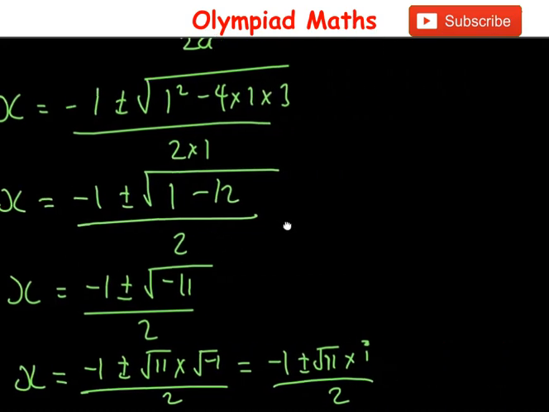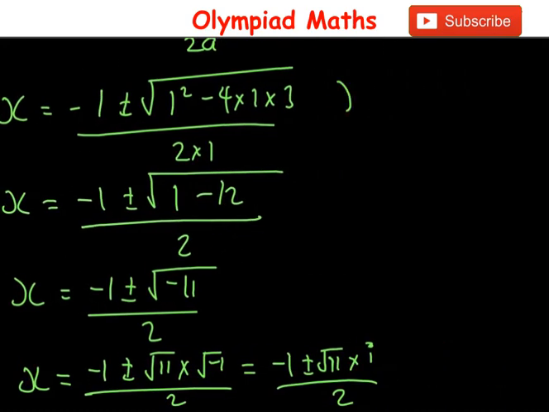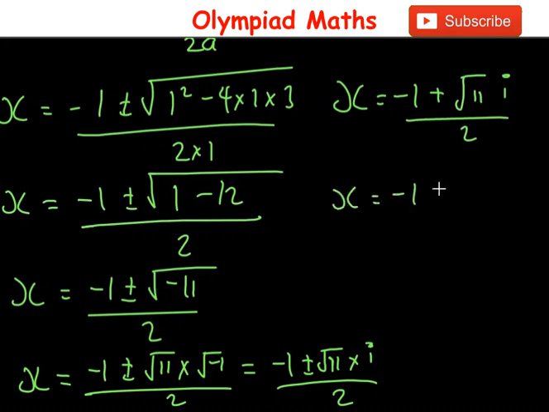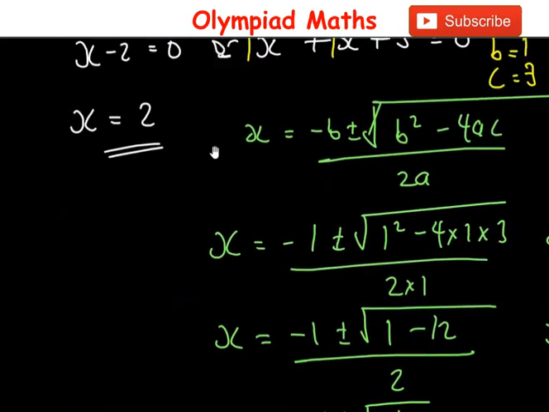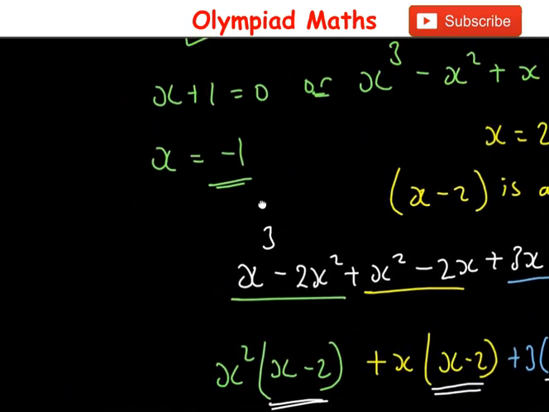So with this, we have the solution of x. x is equal to minus 1 plus root 11 i over 2, and x is equal to minus 1 minus root 11 i over 2.